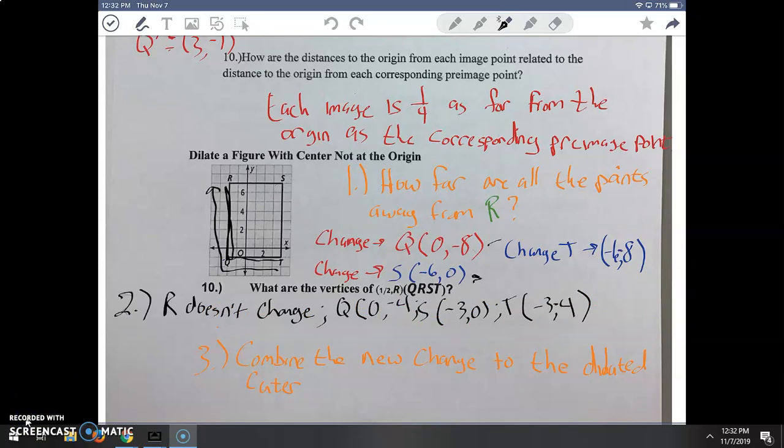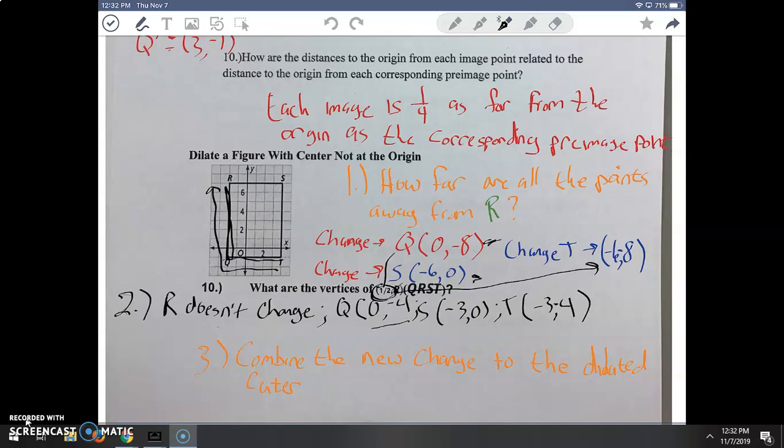Okay, so now I applied the scale factor. I applied this 1/2 to all of the changes. So this new Q right here, 0, -8, is now 0, -4.